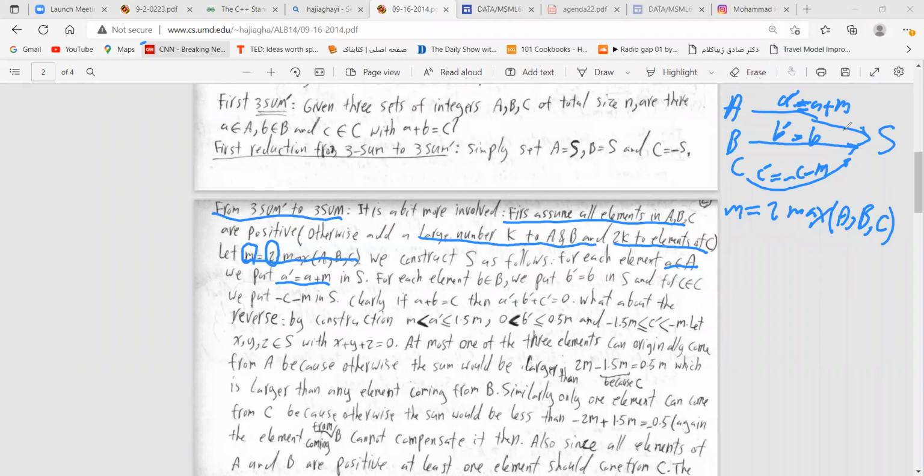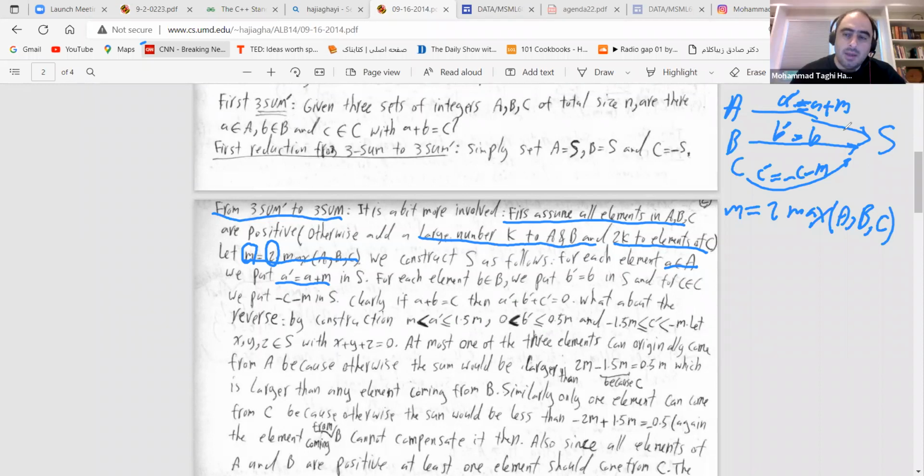Yes. Good. Can we then assume that A, B, and C are pairwise disjoint? Yes, but it is not needed for this reduction. A, B, and C may share some elements, but note how we put them here: we make them disjoint.